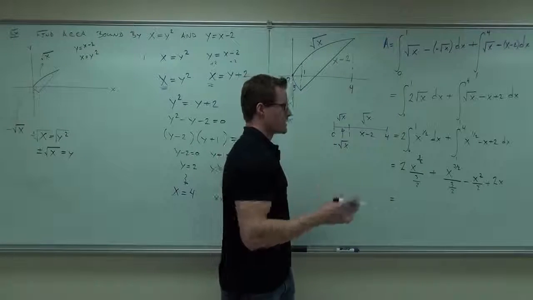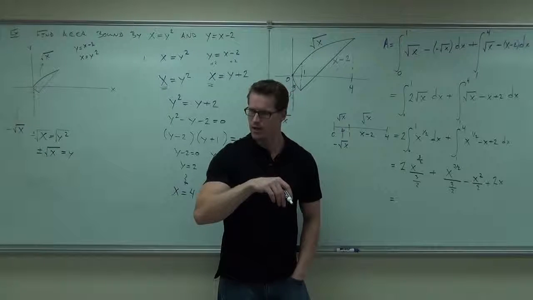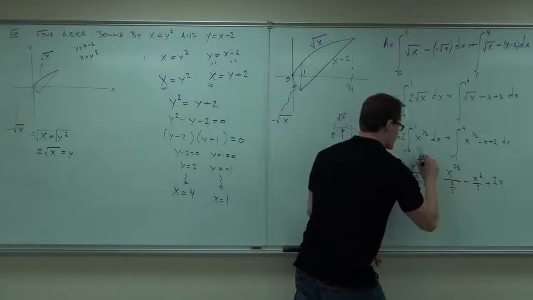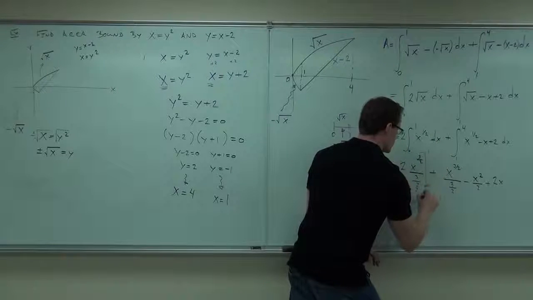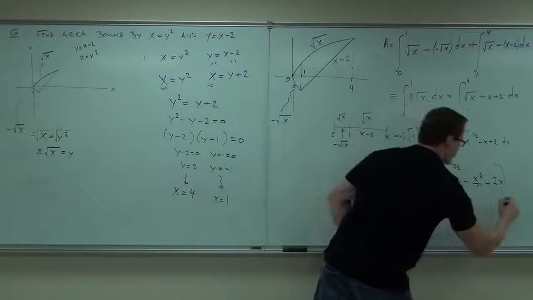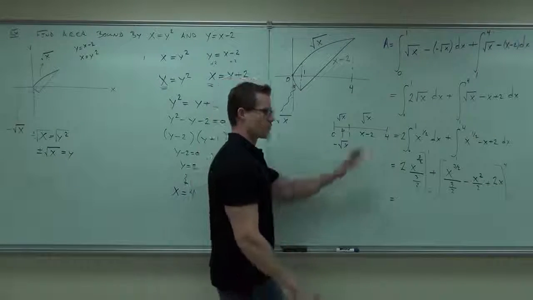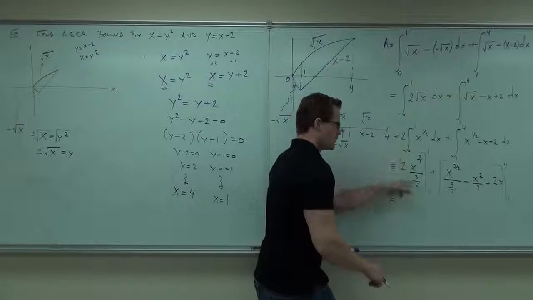So when we're setting it up, I've not put my evaluation symbols up there yet. I want to simplify it first, but remember that this is from 0 to 1, and this is from 1 to 4. So before I plug anything in, I'll move the 2 up to the numerator.